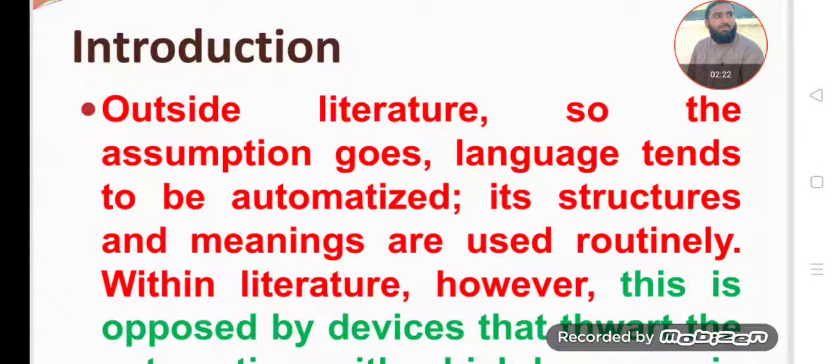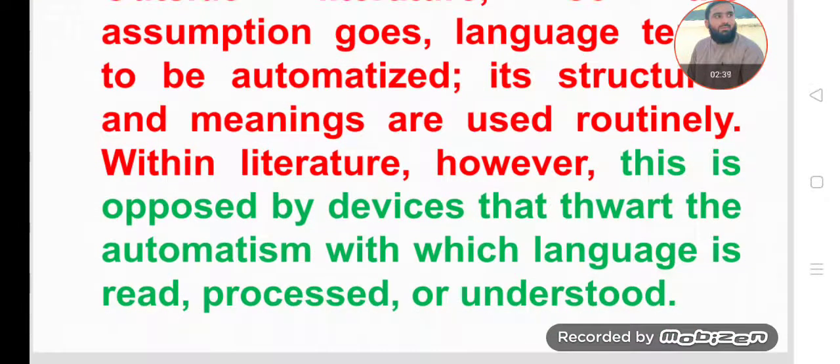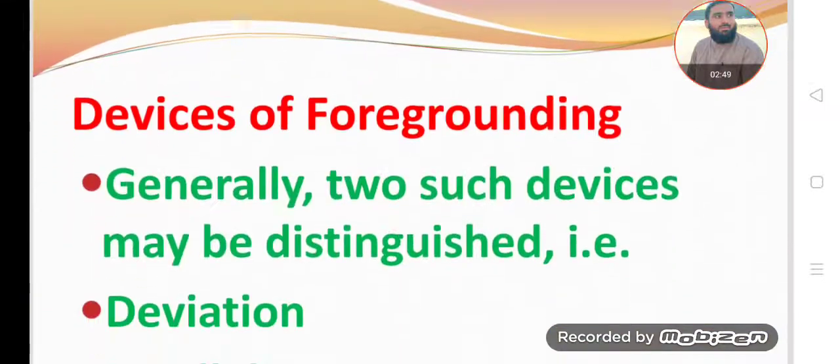Automatization means normal language is used, no newness occurs, and structure and meanings are used routinely. Within literature, however, this is opposed by devices that are used to break the automatism with which language is read, processed, or understood.